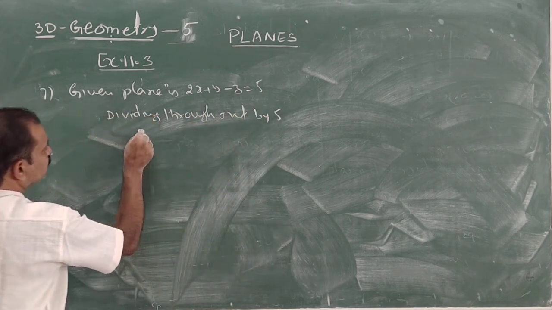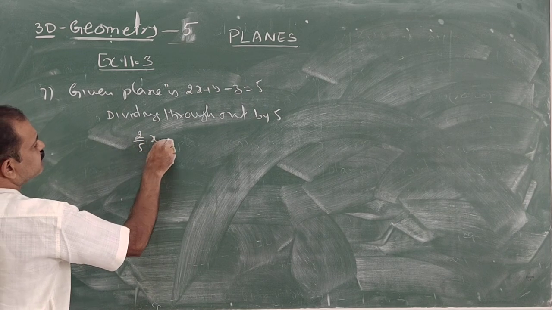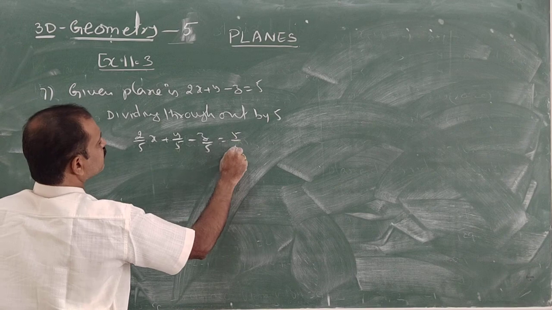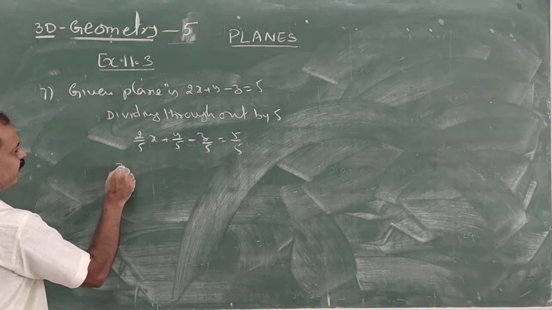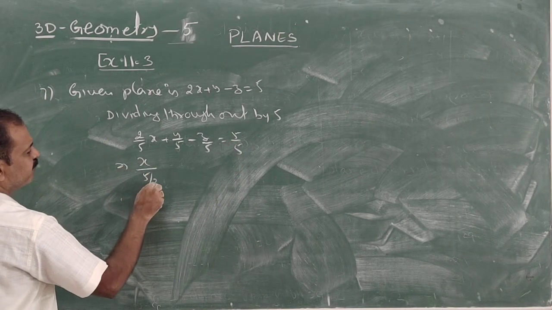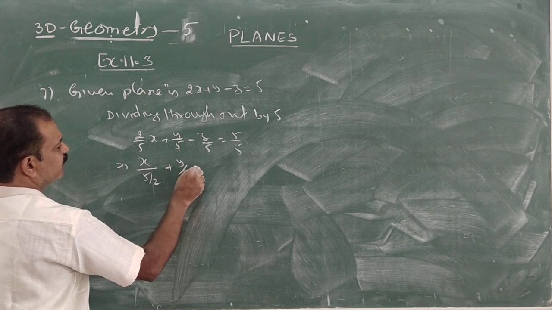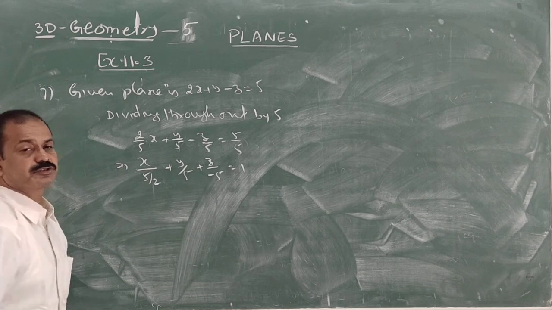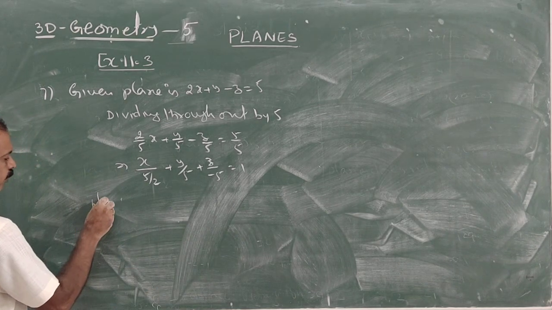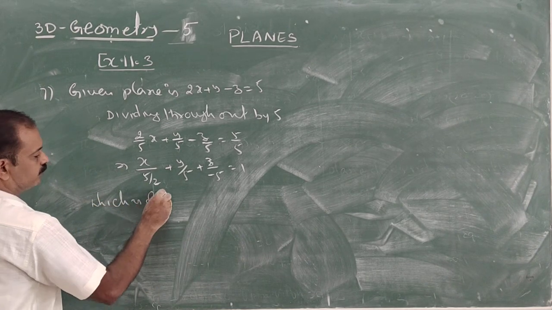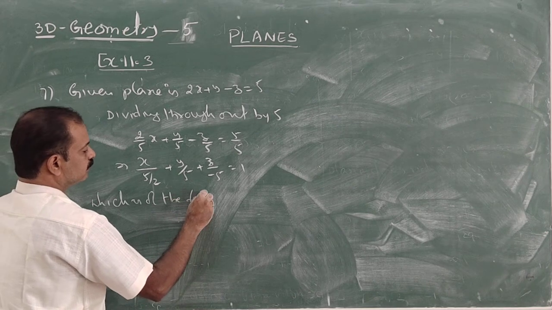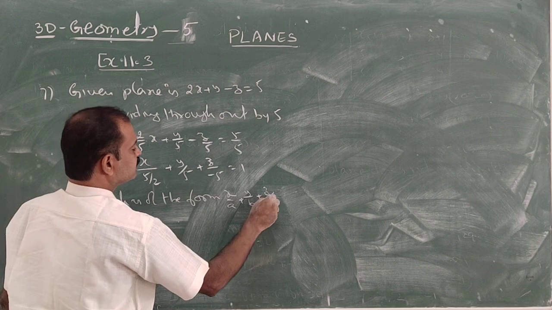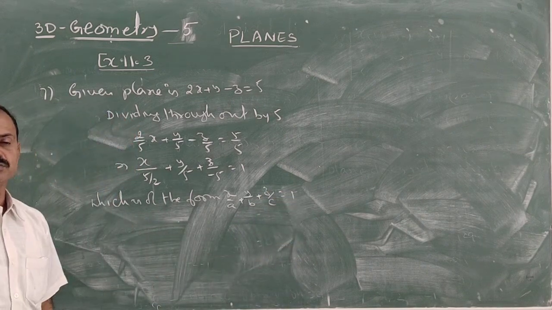by 5, 2 by 5 x plus y by 5 minus z by 5 is equal to 5 by 5, which implies x by (5 by 2) plus y by 5 plus z by (minus 5) is equal to 1, which is of the form x by a plus y by b plus z by c is equal to 1.